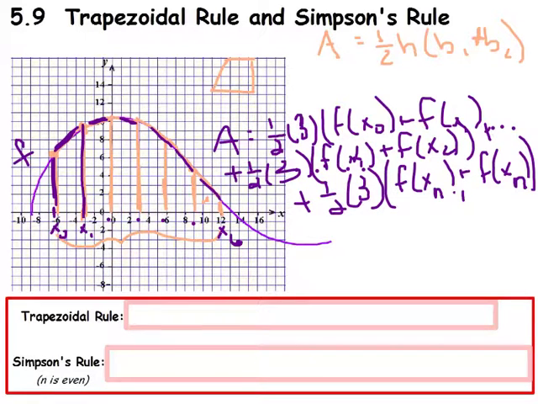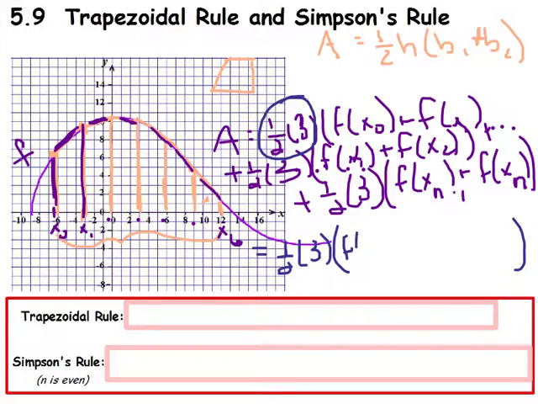So if we try to clean up this formula a little bit, we could factor out the 1/2 times the height and then all the sums of the bases.